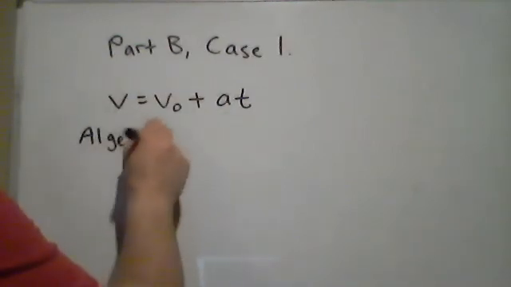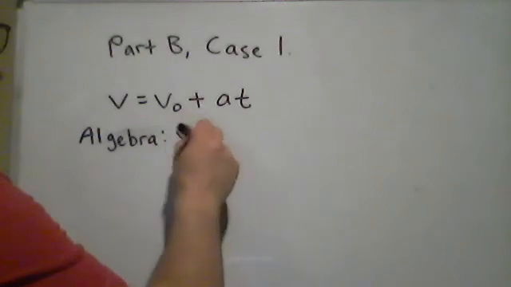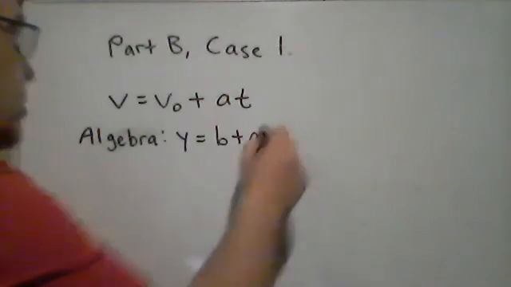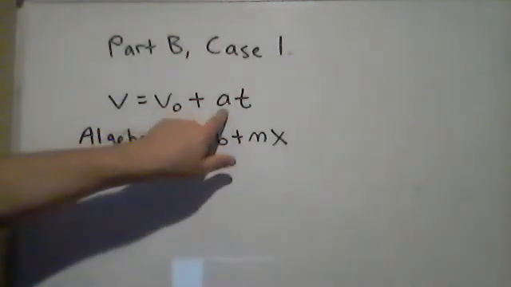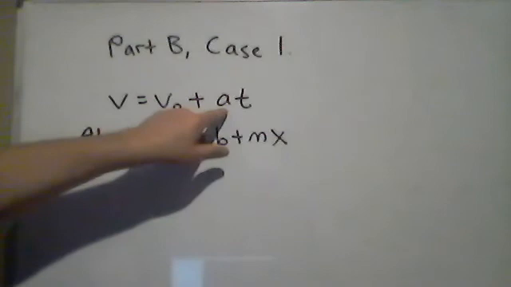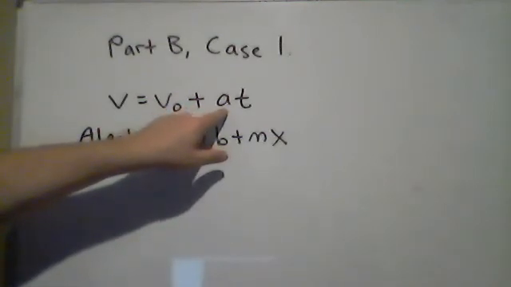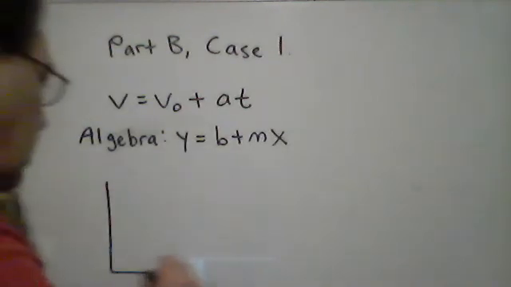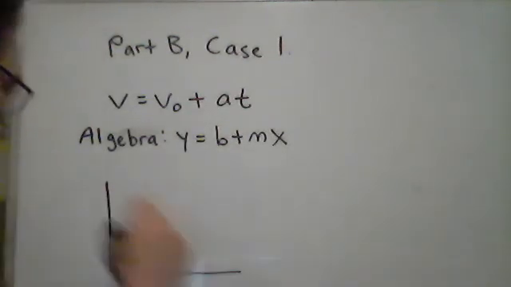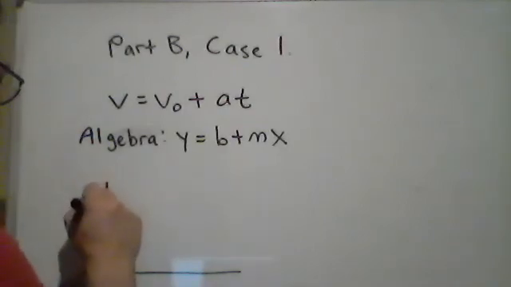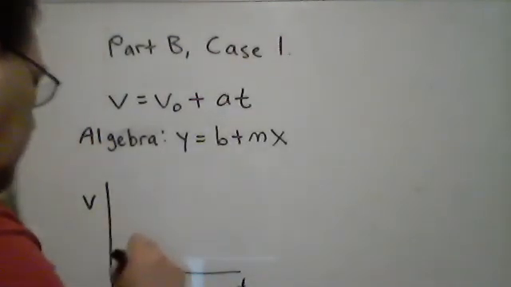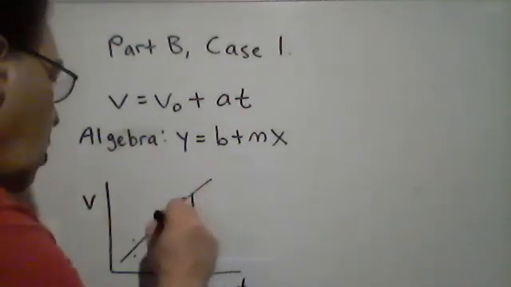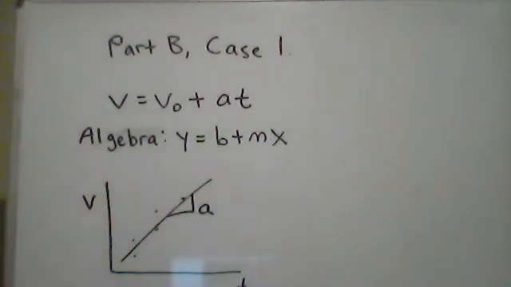Remember the algebra: y equals, this is your b, this is your m, the acceleration, this is your x. So the acceleration is your slope. You're going to graph the velocity versus the time, get some data, get a line, and that slope is your acceleration.